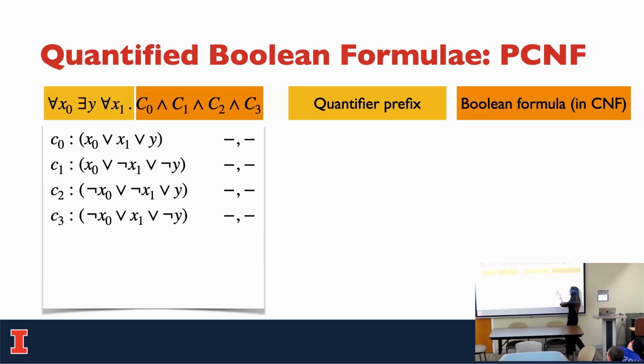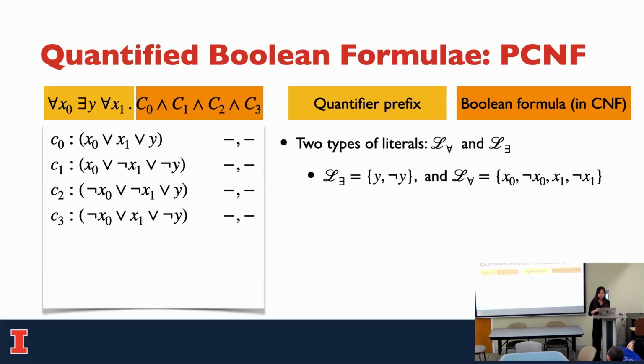So by introducing this quantified prefix, we actually give additional information to the variables. One is the type of the literal. According to what quantifier is annotated to the variable, we have for-all quantified literals and existentially quantified literals.